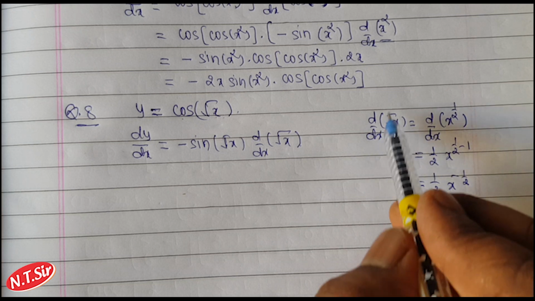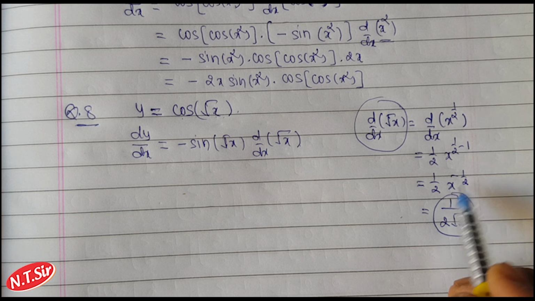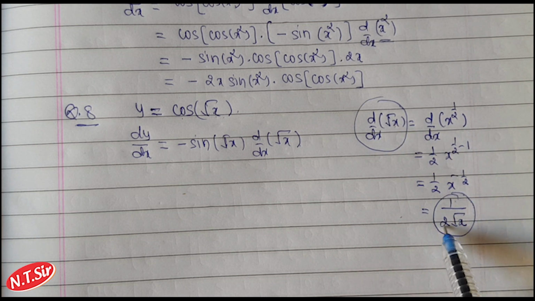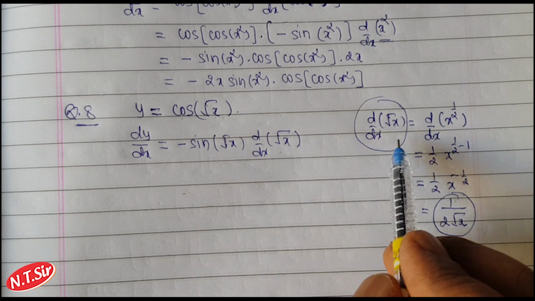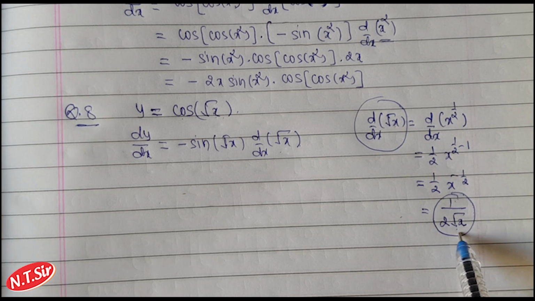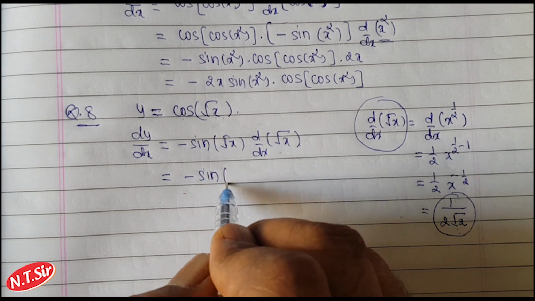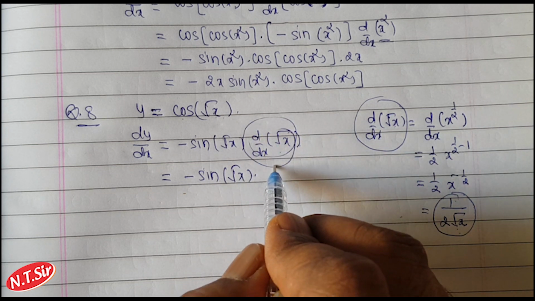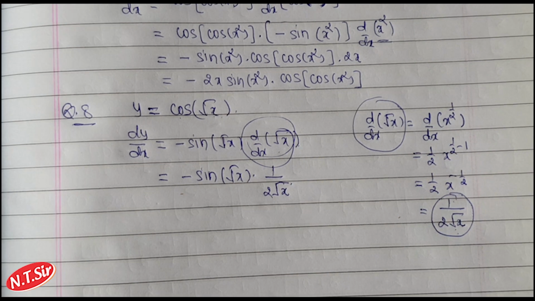So derivative of root x is 1 upon 2 root x, that is derivative of root bracket is 1 upon 2 root bracket. Similarly, derivative of root x, you have to remember now as a formula, is 1 upon 2 times root x. So writing this: minus sine root x into derivative of root x, which is 1 upon 2 times root x.